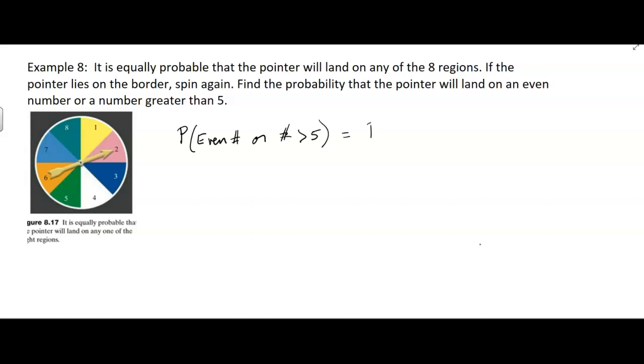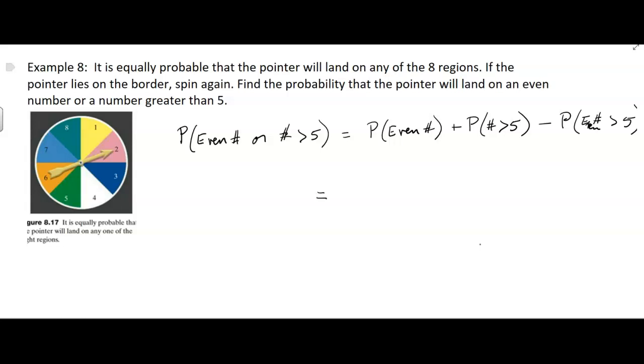So what's the probability of getting an even number? Then we're going to have to figure out what's the probability of getting a number greater than 5. And then we're going to have to subtract the probability of getting both, an even number that's greater than 5. Okay, so here we go.